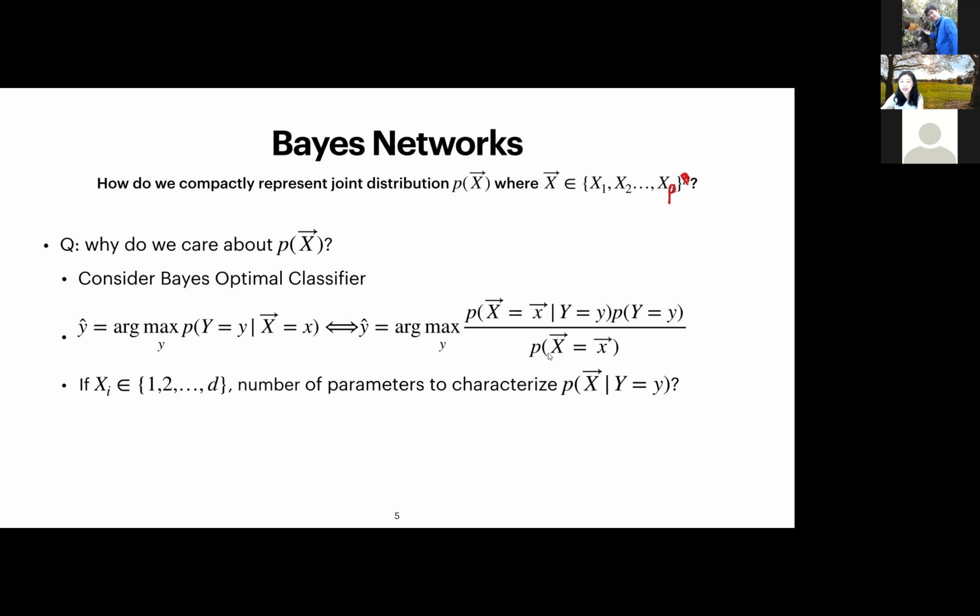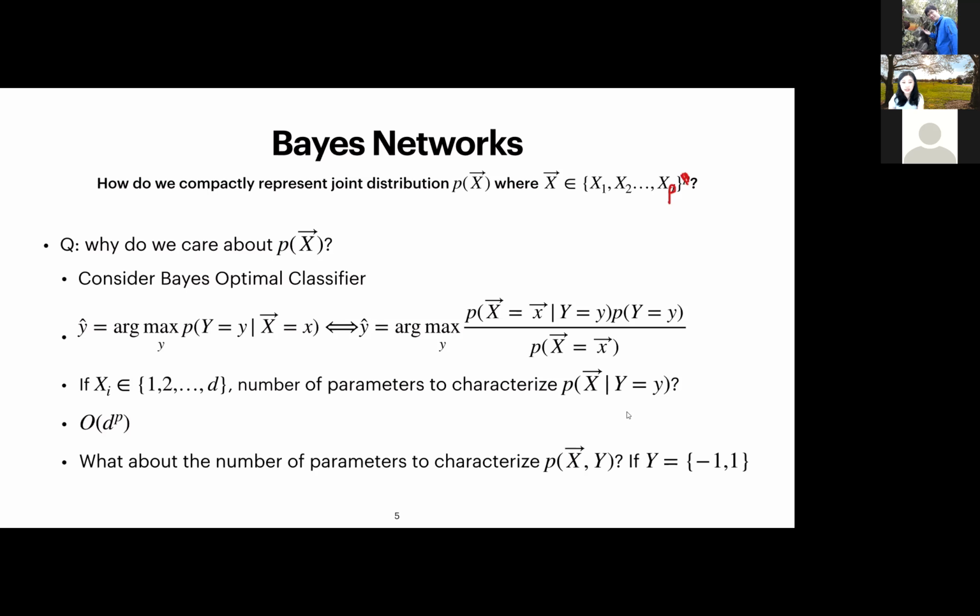So if that's the scenario, also if you condition on Y, because I'm conditioning on the specific random variable Y equals small y, you need the same number of parameters for characterizing this conditional probability, right? So overall, you need O of D to the power P to characterize it.